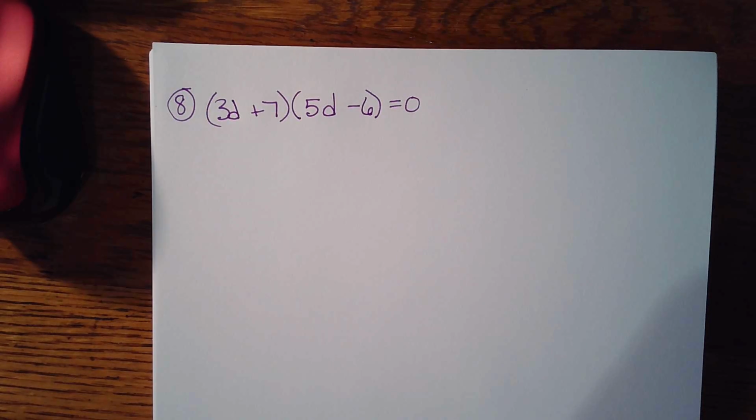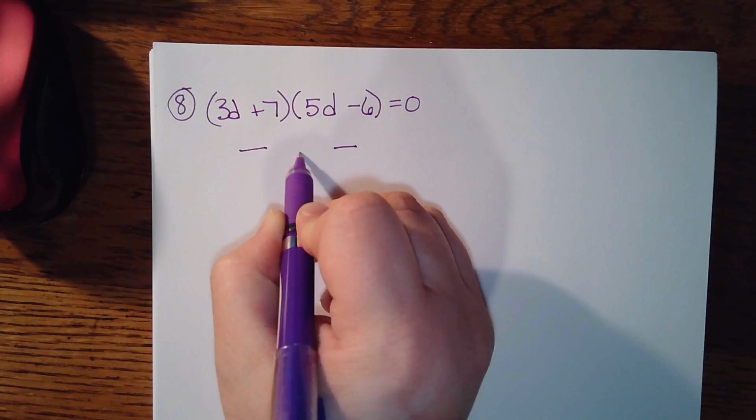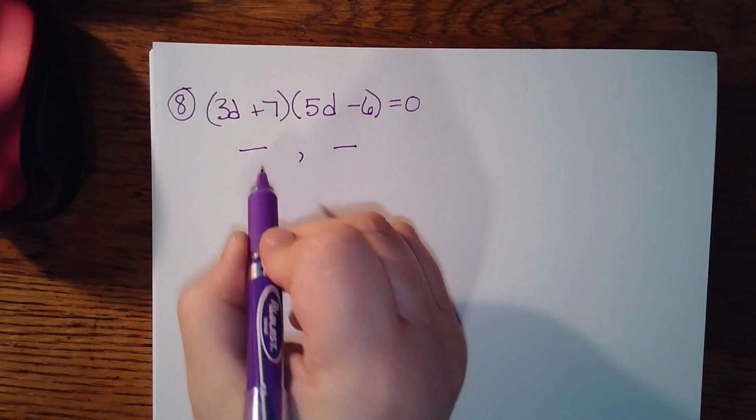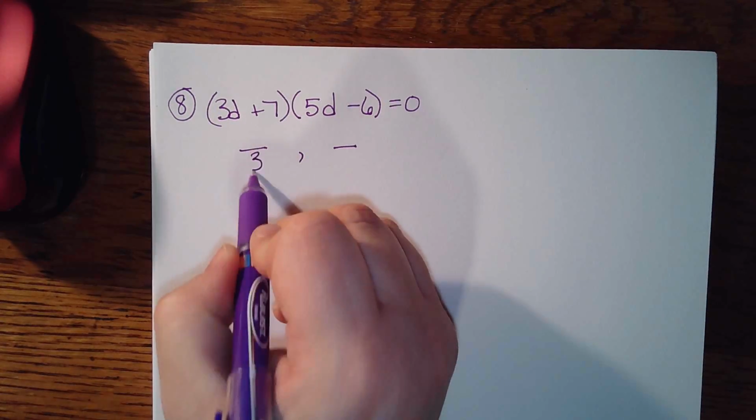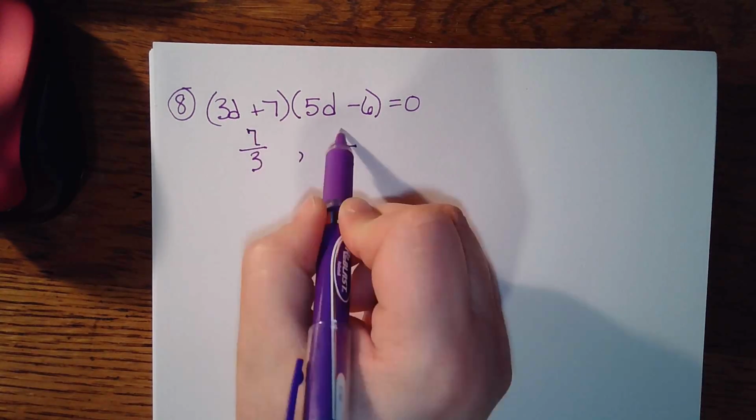Whoever has the variable attached to it is the denominator. So in both of these fractions, the denominator is going to be 3 for this guy and 5 for this guy because they both are attached to the d. So that means the numerator is going to be the other number. So there's a 7 and a 6.